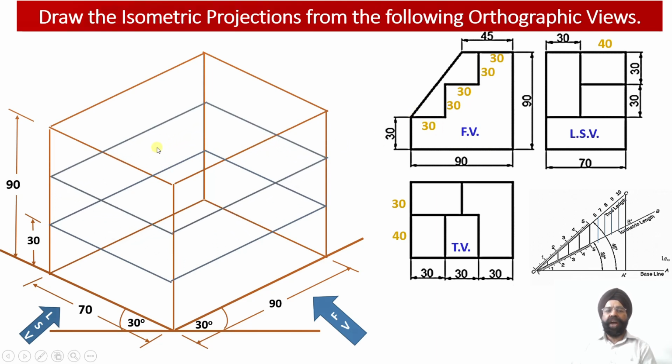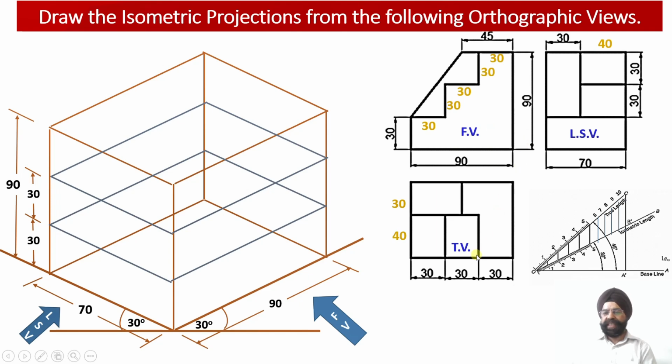So another ring I am going to construct over here, with height above the first ring of 30 millimeter. So two rings I have been able to construct, which will help me obtain step number 1 and step number 2 of this geometric construction.